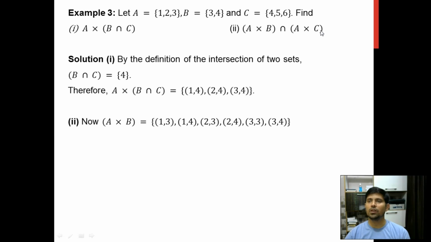Similarly we can find A cross C. Of A cross C we get (1, 4), (1, 5), (1, 6), (2, 4), (2, 5), (2, 6), and similarly (3, 4), (3, 5), (3, 6).